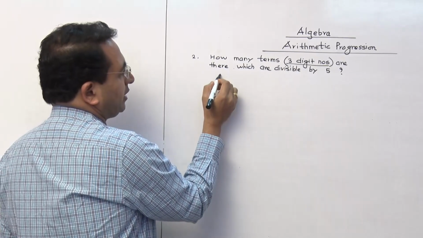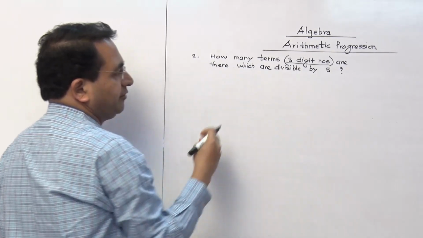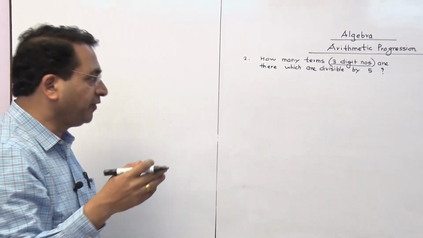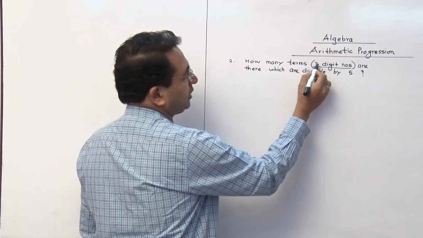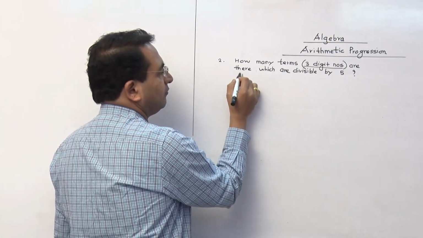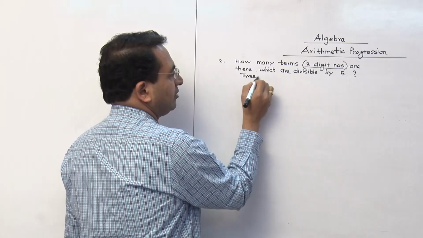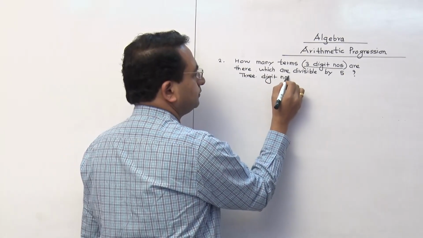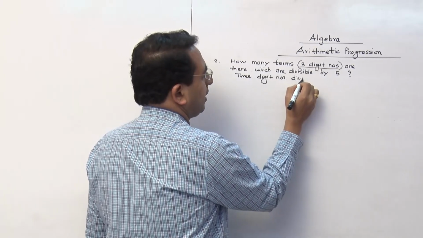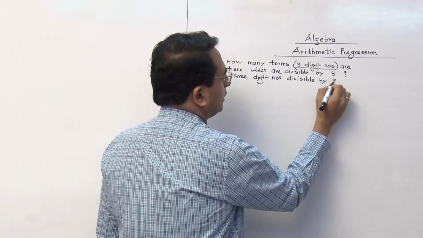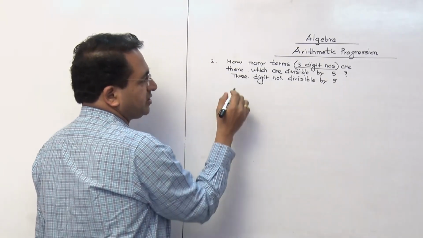Now you tell me, the first number divisible by 5 is 5 only, then it is 10. But we have to discuss 3-digit numbers. So the first number, we have to write the explanation like this. 3-digit numbers divisible by 5.